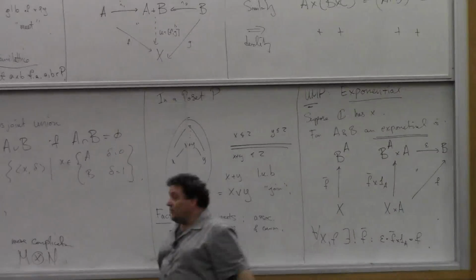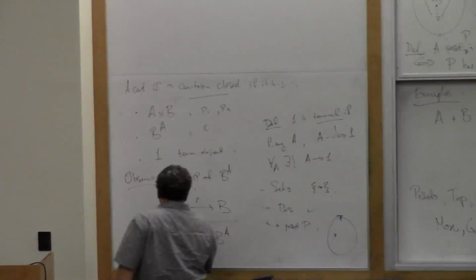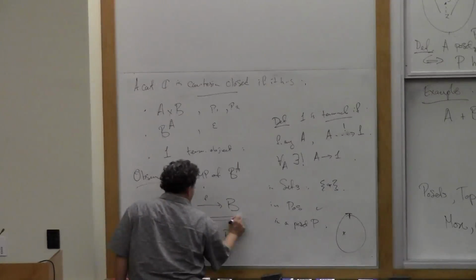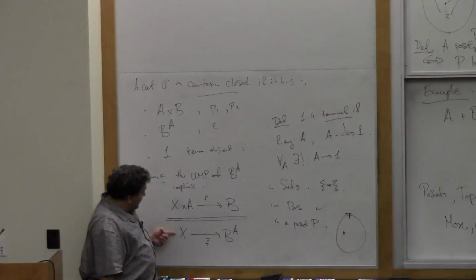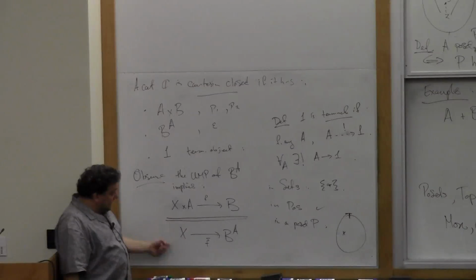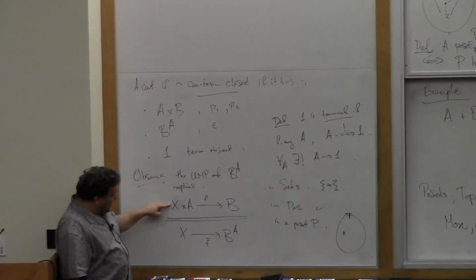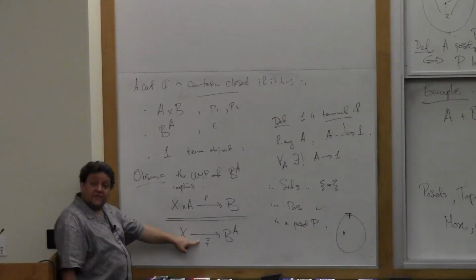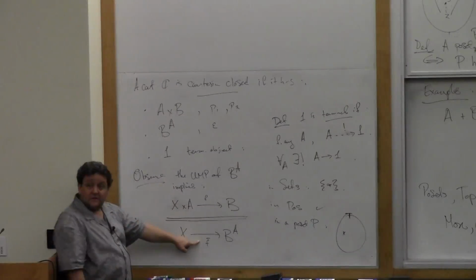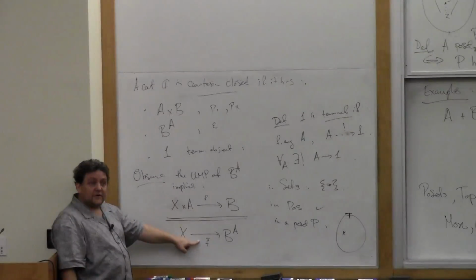The universal mapping property says exactly that this correspondence, this two-way rule, is an isomorphism. Everything like this comes uniquely from a thing like this by that recipe crossed with A and composed with evaluation.